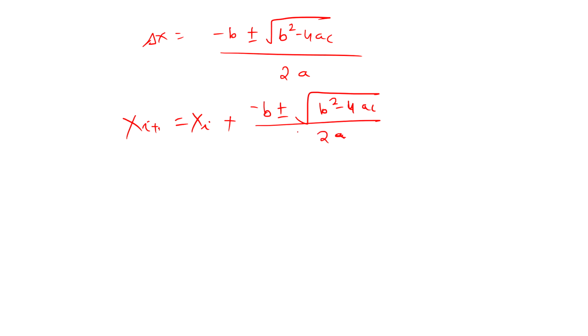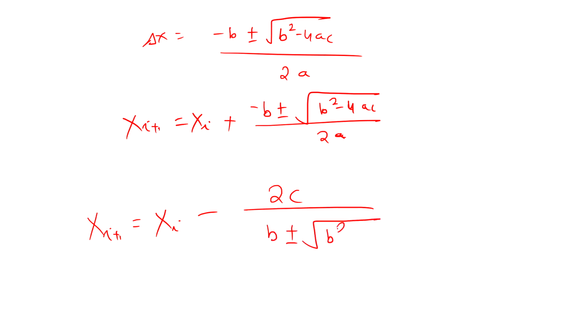Now if we do some mathematical manipulation with this, what will come out of it is that it will give me xi plus 1 equal to xi minus 2c upon b plus minus root of b square minus 4ac. So this will come out of it.